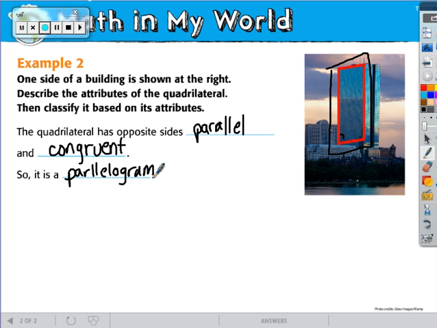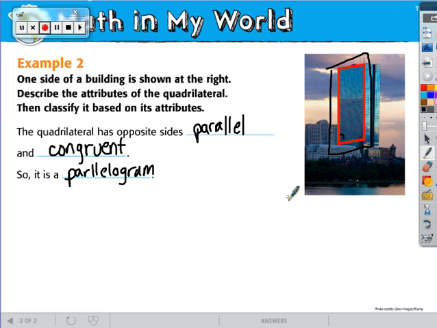So you see how we're going to refer back to our first example in order to classify these? Okay? So we're going to look at, are the sides parallel? Are the sides congruent? Does it have 90-degree angles? And then we're going to figure out what kind of shape it is. Yes.